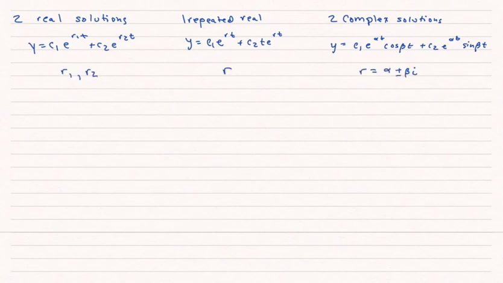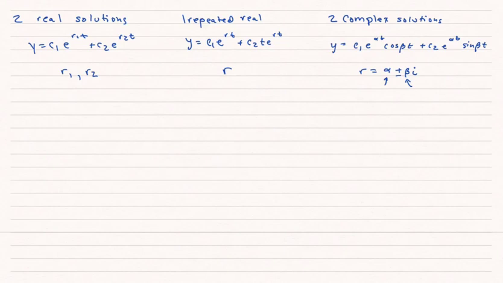Again, with the two real, we'd have r1 and r2. With the one repeated real, we'd have r. And with the two complex solutions, we have r equals alpha plus or minus beta i, but all we care about is the alpha and the value beta. Don't worry about the plus or minus.